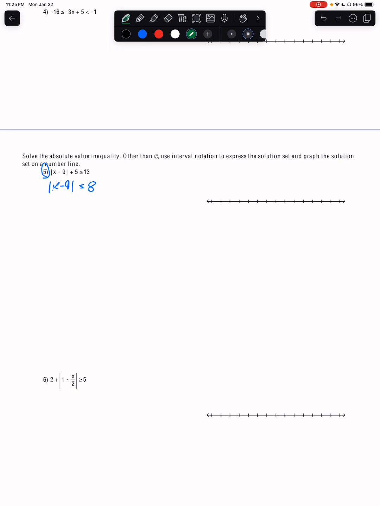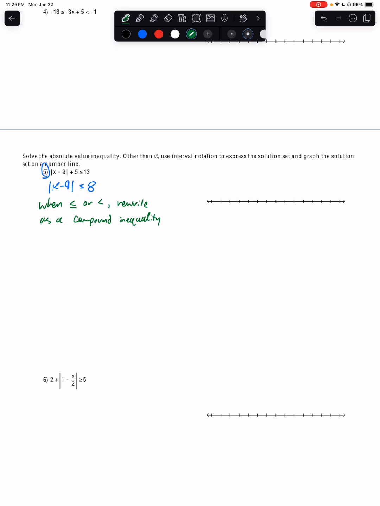That important rule to remember is, when it's less than or equal to, or just less than, we rewrite it as a compound inequality. And hopefully my handwriting is okay enough.